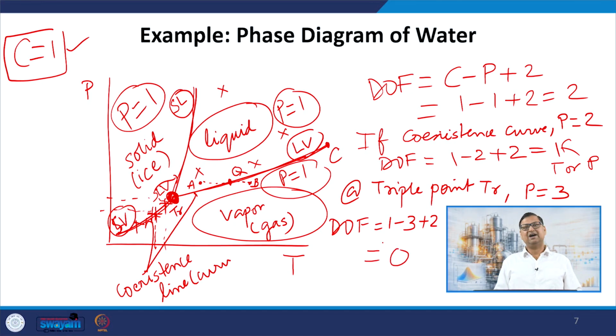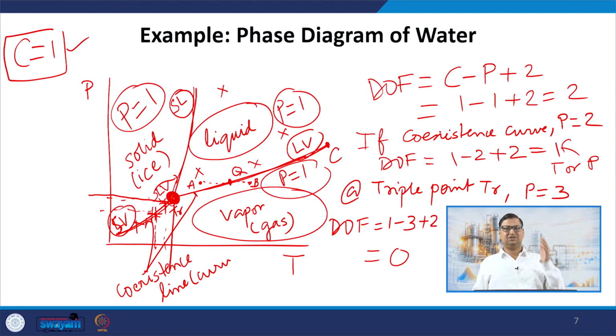Now, we do not have a freedom to choose either temperature or pressure. Why is that? It should be obvious from the curve that this triple point corresponds to a particular value of temperature and a particular value of pressure, and that value is fixed for water. I do not have any liberty to change the triple point, or to choose the pressure and temperature conditions at the triple point.